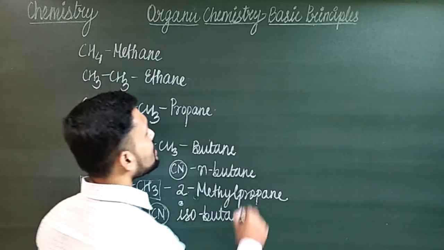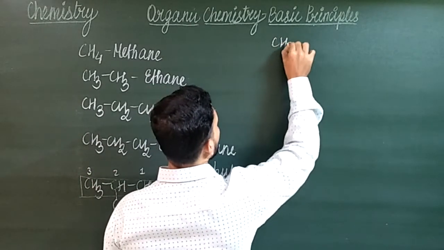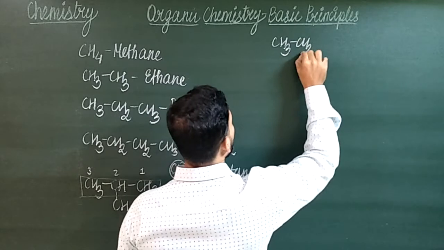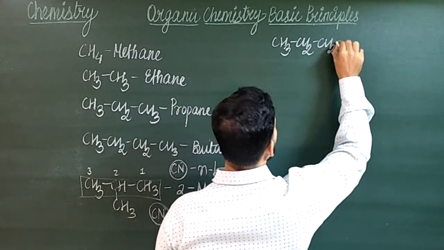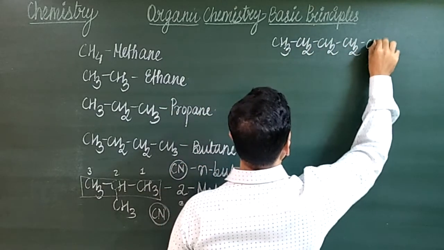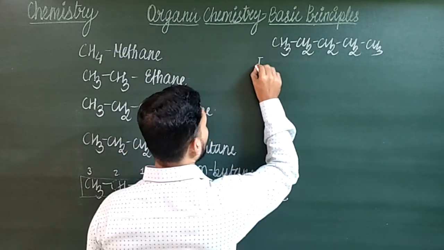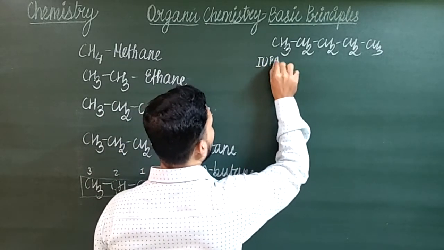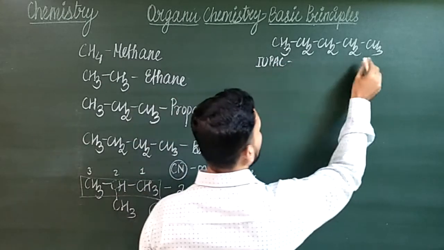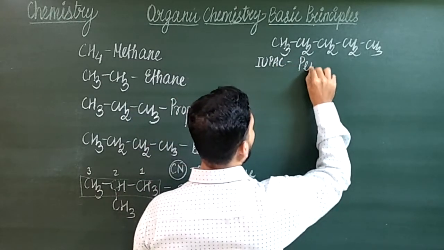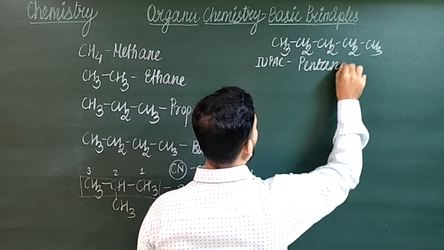Next we'll see pentanes and the isomers of pentanes. The simplest of all isomers is CH3, this one. The IUPAC name, if I want to write it here, is simply pentane, for 5 carbons.